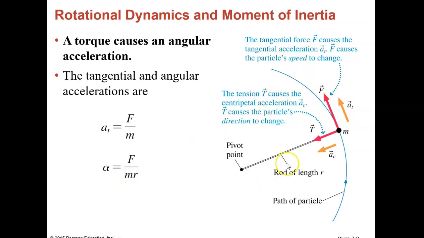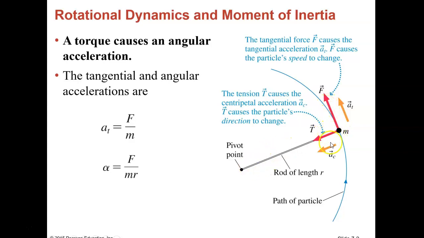So if we look at this diagram over here, we have centripetal acceleration, the tension force pulling in. We have the path of whatever this object is, and the tangential force that causes the particle to change speed. That's what creates your torque: you have a force applied out here.